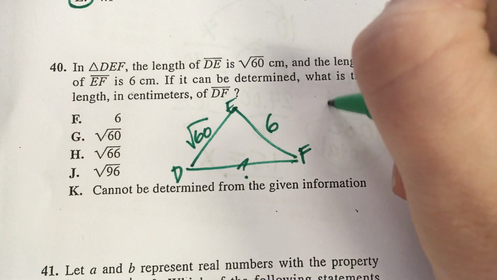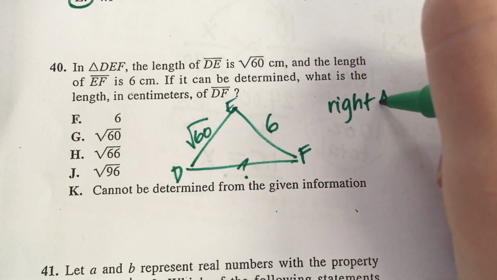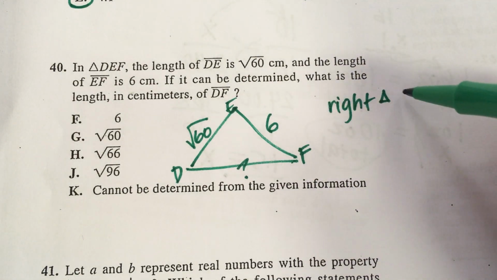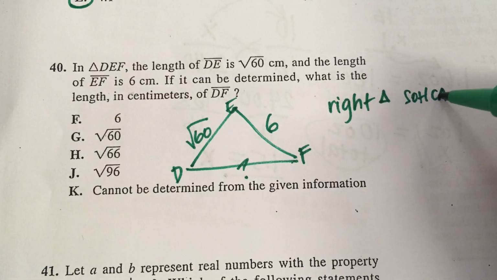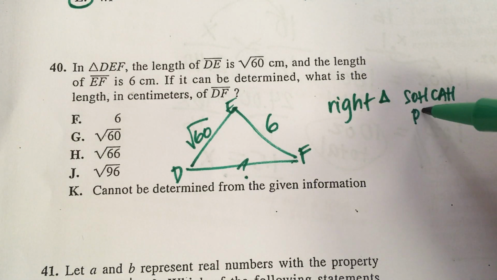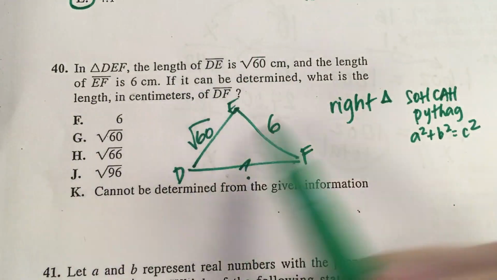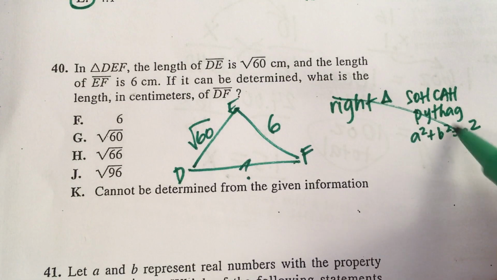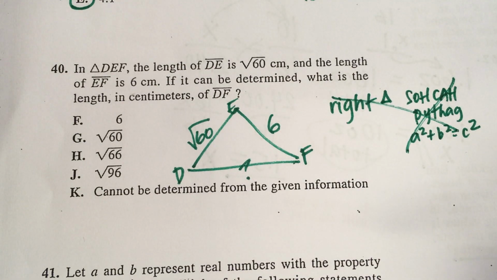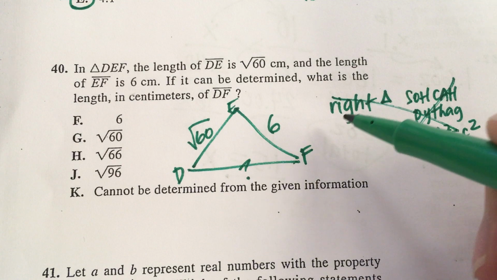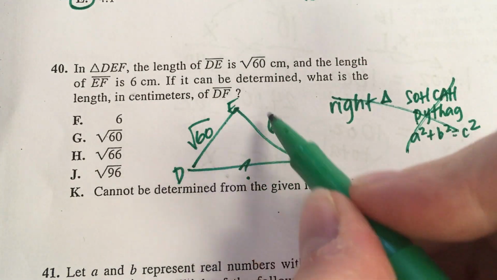So if they told me this was a right triangle, I could use SOHCAHTOA, or I could just use Pythagorean theorem, right? A squared plus B squared equals C squared. But nowhere in this problem do they tell me that it's a right triangle, so I can't use any of those things, right? If they told me it was a different kind of triangle, or if they gave me an angle, right?